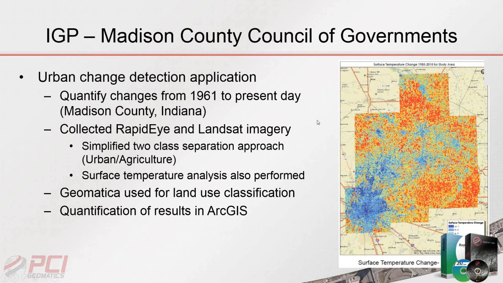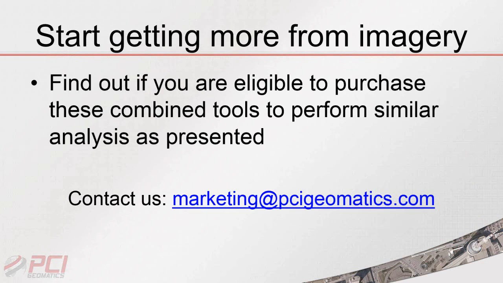So the reason we mention that is we do have a program in place right now. If you're interested to find out more, a lot of the demonstrations that I gave today used both Geomatica and ArcGIS to perform the analysis. And we do have available a special packaged offering that will give you access to both the software, and a special price on the software and imagery for both RapidEye and RADARSAT imagery, to perform some of this analysis yourself.